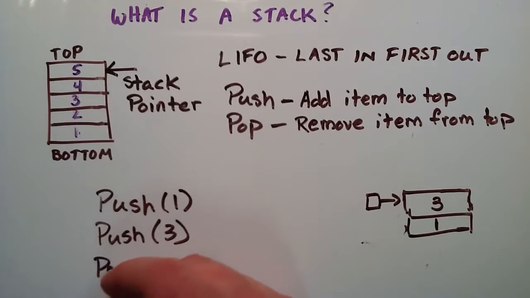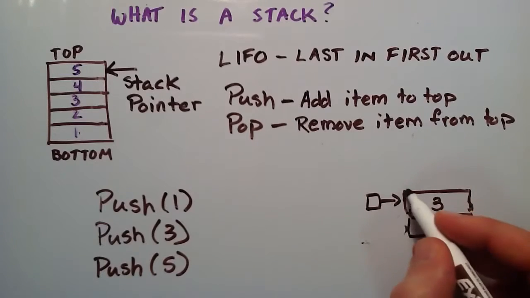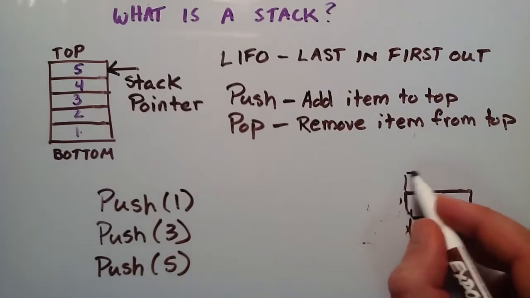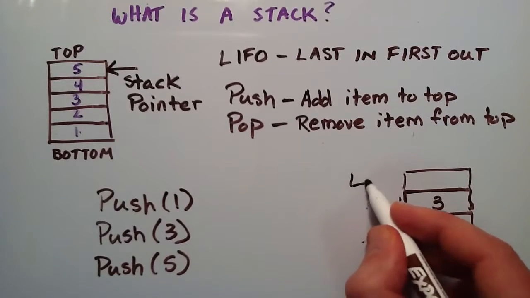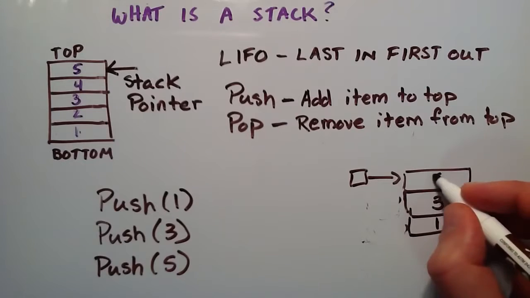If we wanted to do another push, we could do push 5. That's going to create some sort of new node here, move our stack pointer to the next part, and place the value 5 in it.